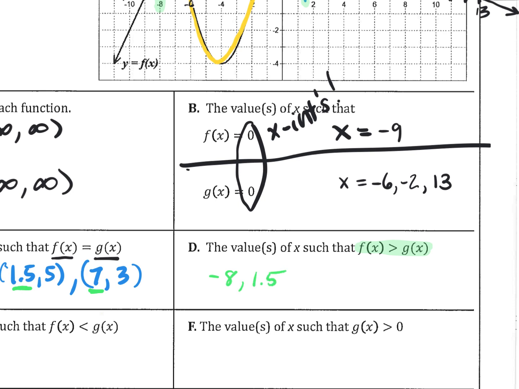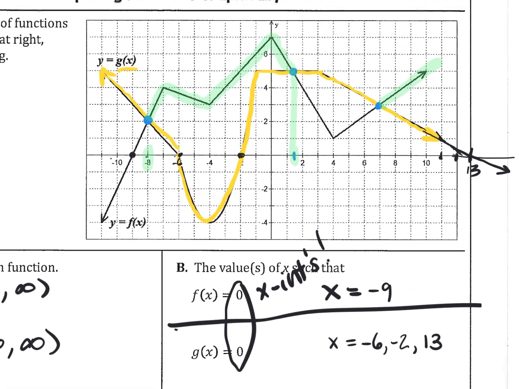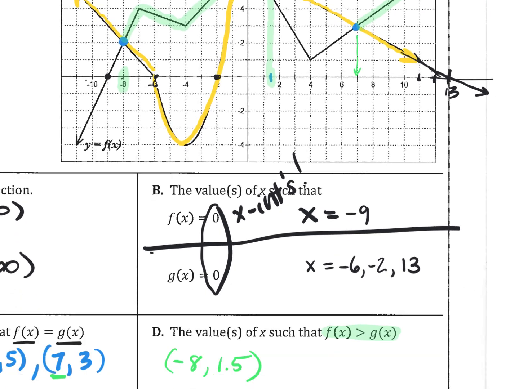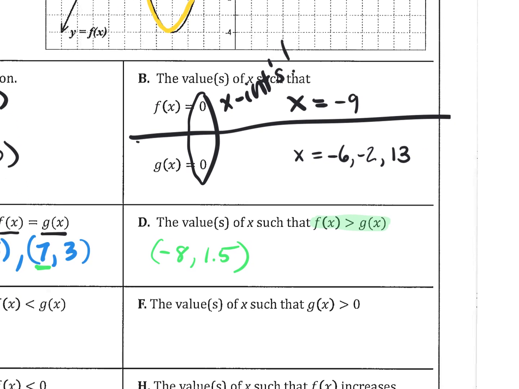Okay? And then where? Where is this guy? Yeah, from 7 to infinity. So we'll put a union in between that because we get 2 intervals. That union symbol helps us realize that those aren't points, doesn't it?